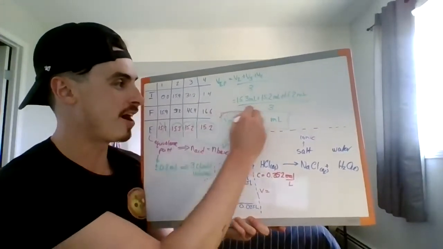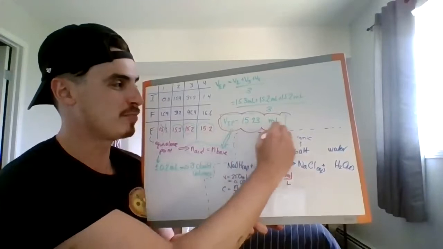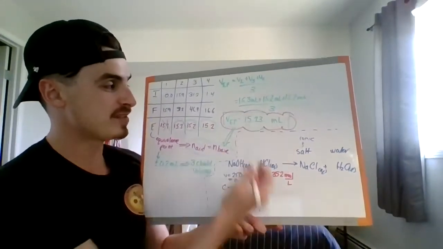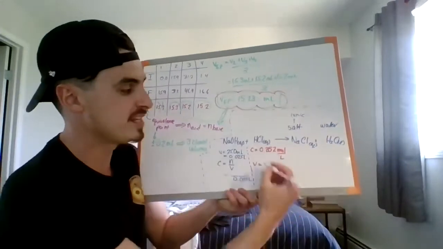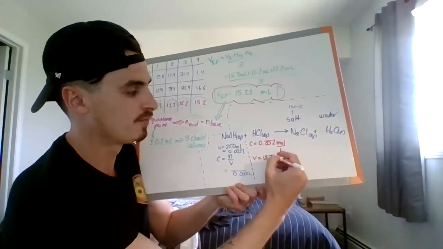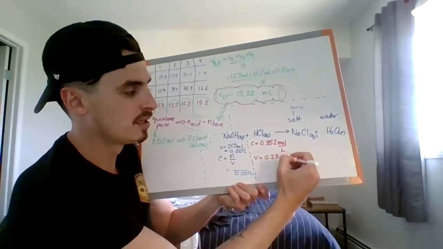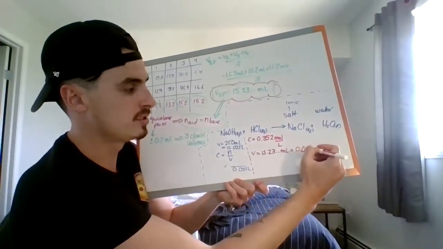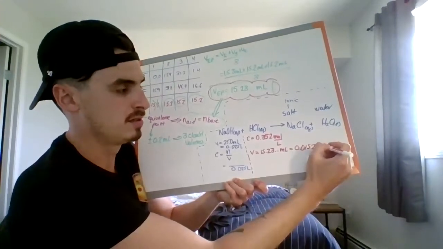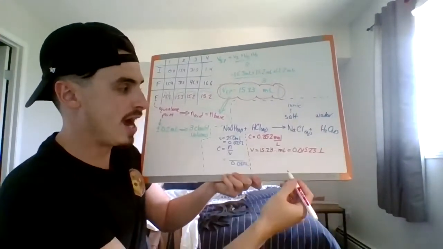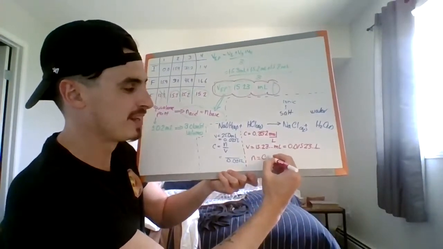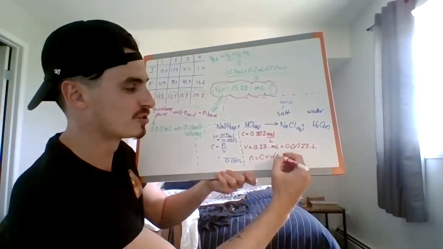That means that I am adding this much HCl. I already have the volume of NaOH. This means that the equivalence point is the volume of HCl because I'm adding it, divided into liters. So what I can do now, guys, is I can find the moles. And guess what? This problem now becomes a molar coaster problem.